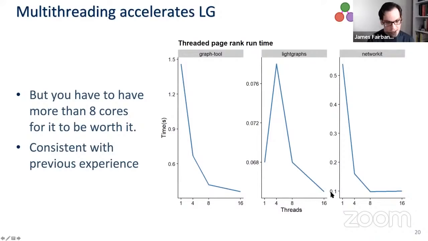But after 8 threads, you start to see performance gains by going to 16 cores. And you can also see that our times in general are much shorter than the GraphTool and NetworkKit times.